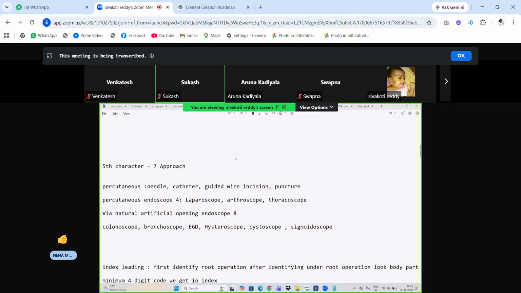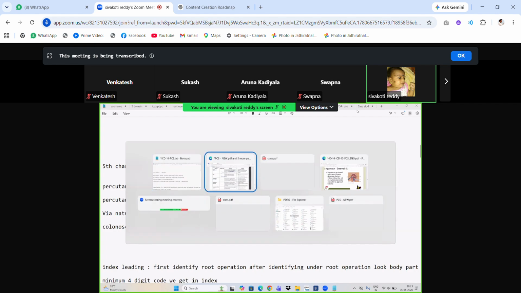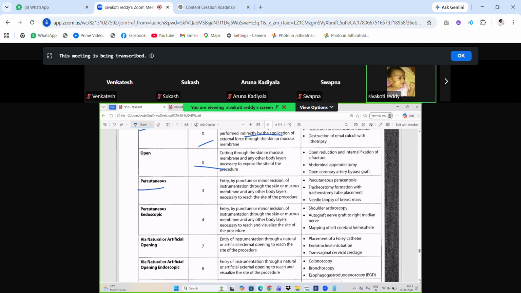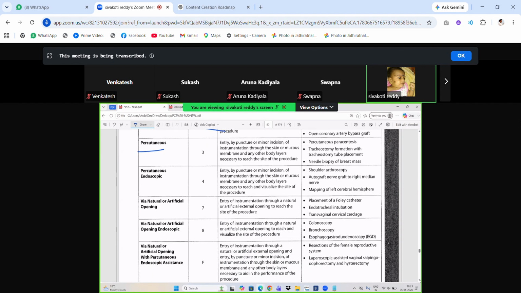Next approach, via natural or artificial opening. Natural means the natural routes in our body, like mouth, nose, rectum, penis, vagina. Directly they insert the instrument in natural routes. Or artificial external opening, which means an already created ostomy that they use to reach the procedure site.